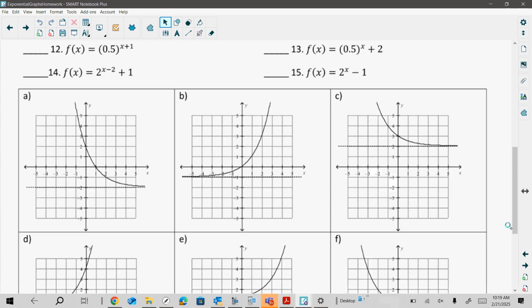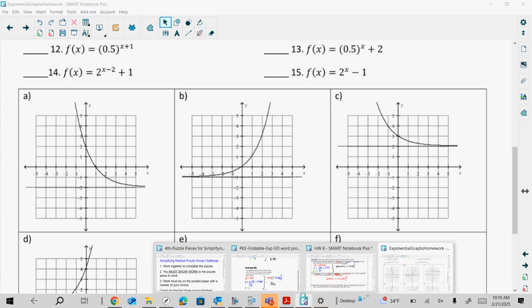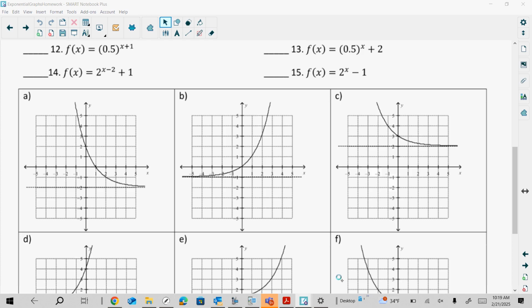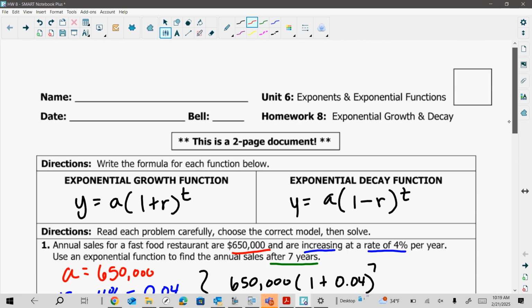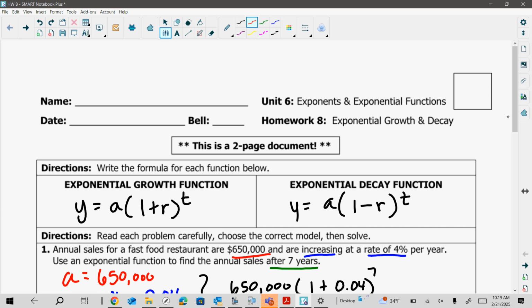Otherwise, it's going to be late. And then after you finish, we are working on our current worksheet, homework 8, or you're working on your decimals if you didn't finish that yesterday. Okay?